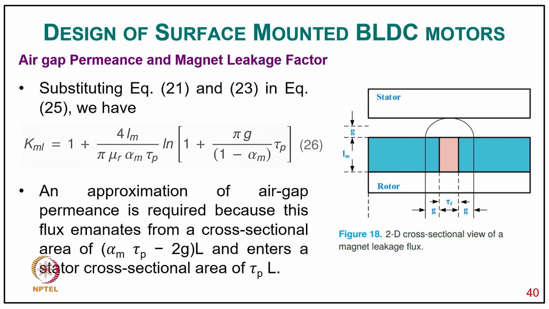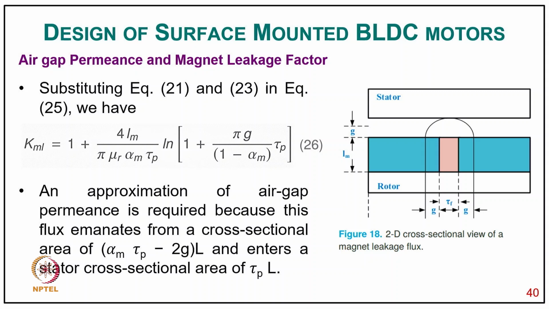Substituting these, we get kml equal to 1 plus 4 Lm upon mu r alpha m into tau p, and logarithmic in bracket 1 plus pi g upon 1 minus alpha m into tau p.